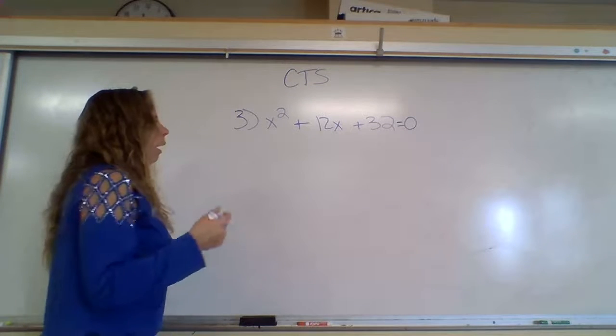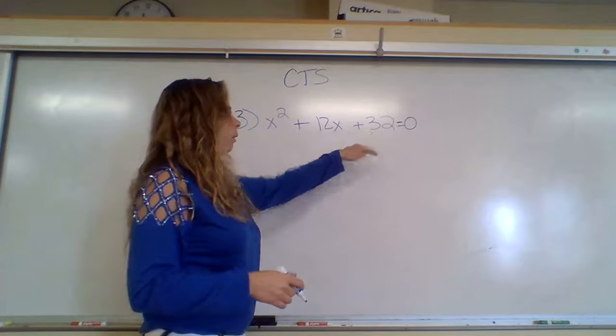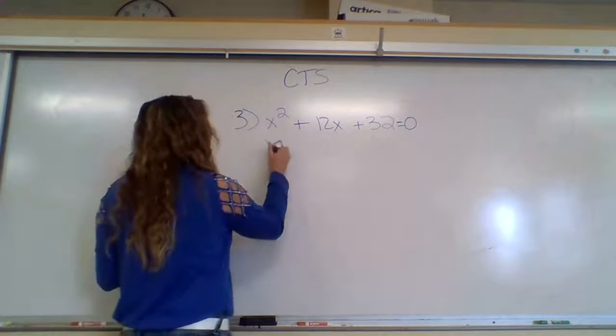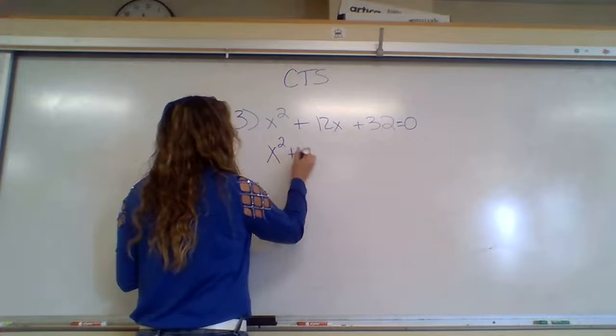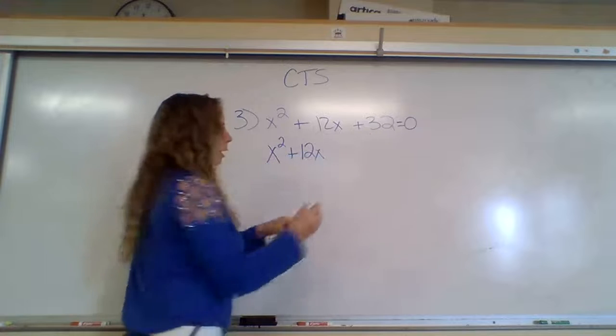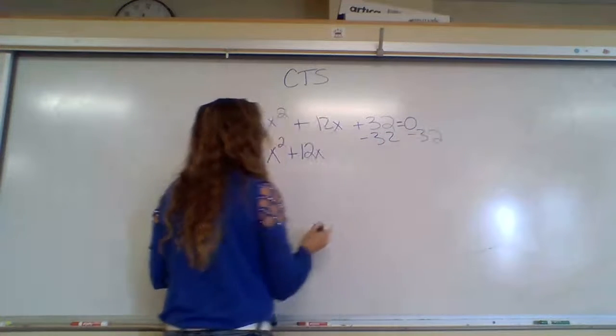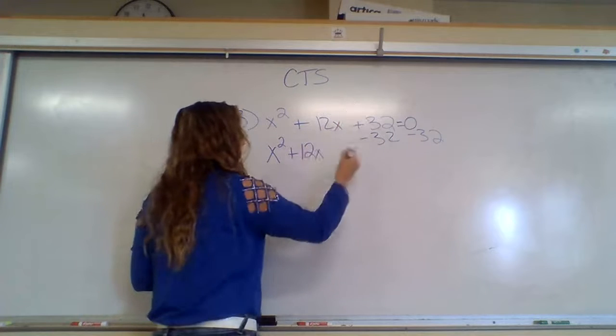Completing the square. I like to move my C term over. X squared plus 12x. So I'm going to subtract 32 from both sides. Okay, so those are going to cancel each other out.